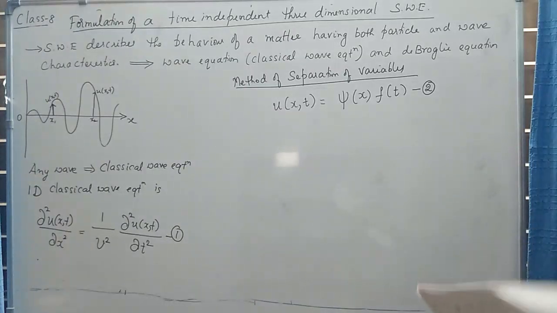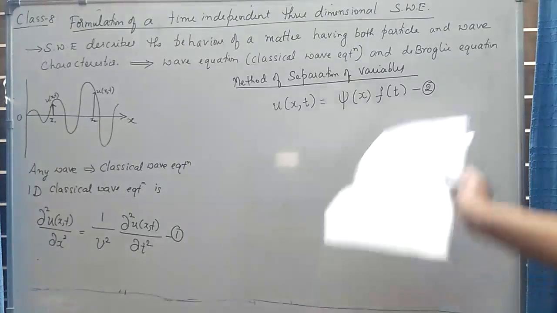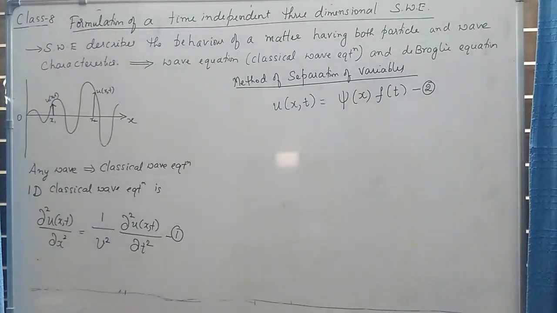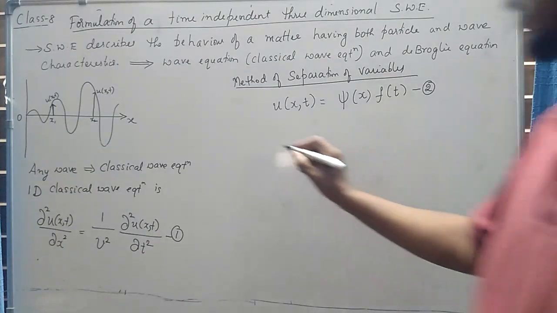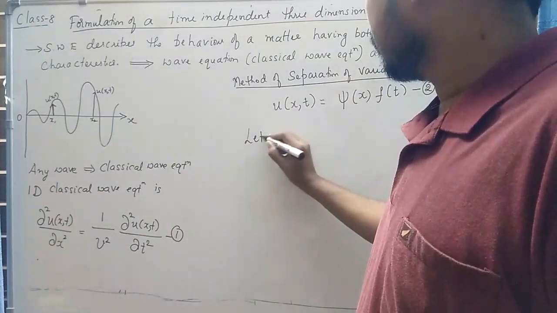Now, as I already told you, we are trying to obtain a time independent Schrodinger wave equation. So the equation that we are supposed to get does not contain time t. Okay, so we have to somehow eliminate this time, which is not an important variable now, so it should only contain position x.